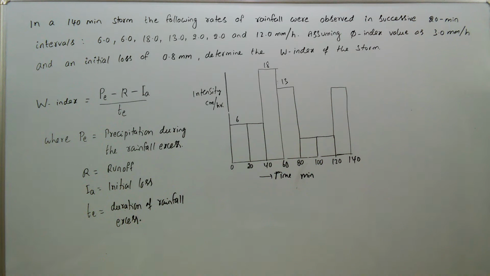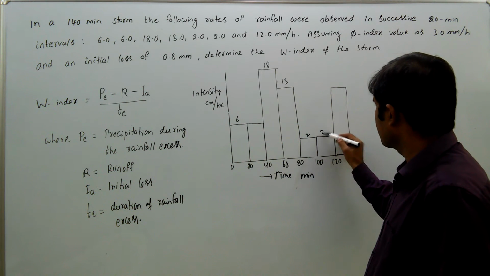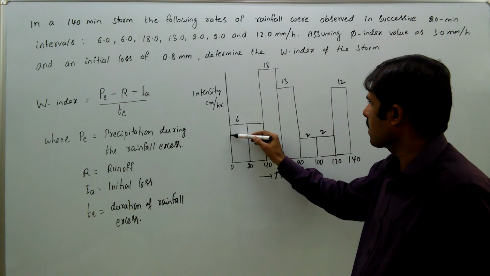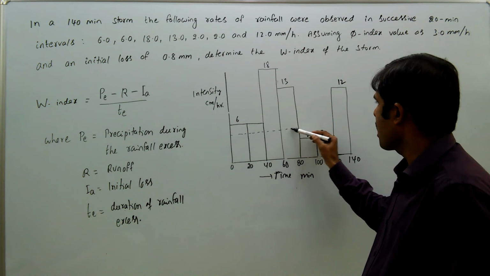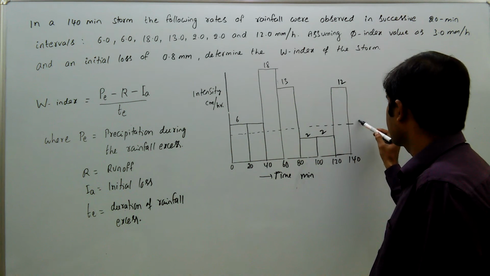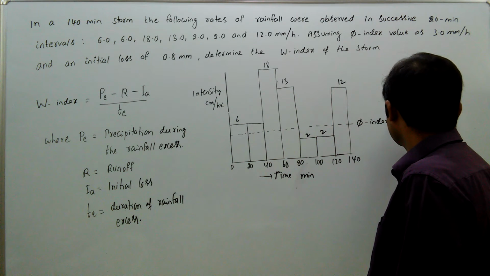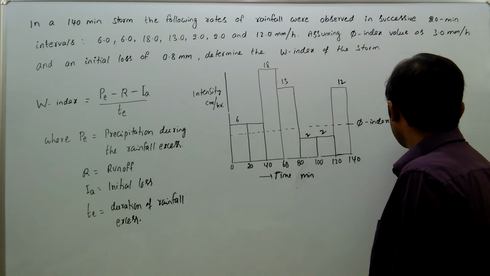He has given pi index as 3 mm per hour. That is, this is 2, this is 2, this is 12. Pi index 3 mm per hour.